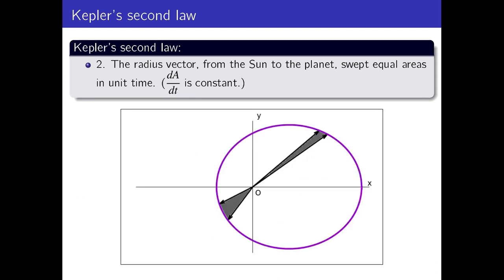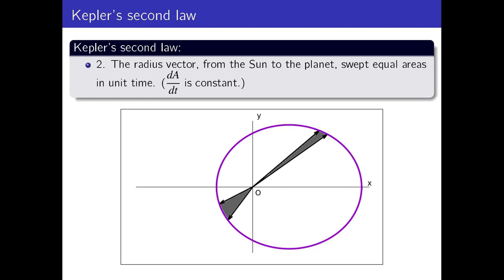This means that if you consider some amount of time and calculate the area swept by the radius vector for some part of the motion and do the same for some other part of the motion, you will get the same value.